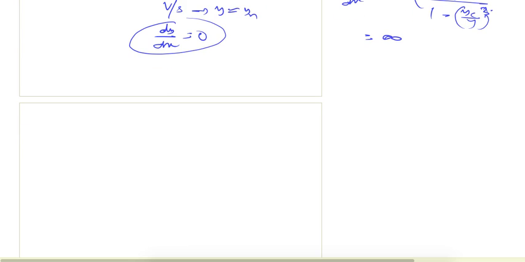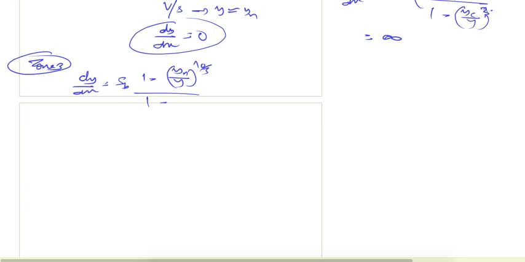And now in zone 3, what will happen? dy by dx is equal to S0 times the same expression.